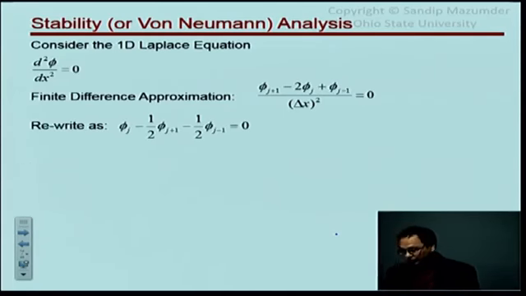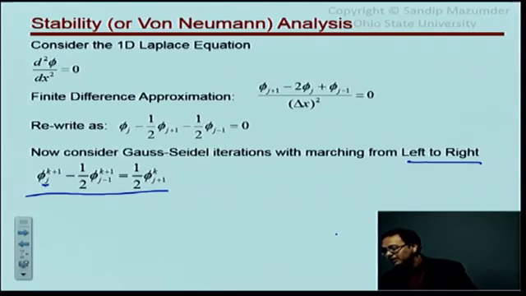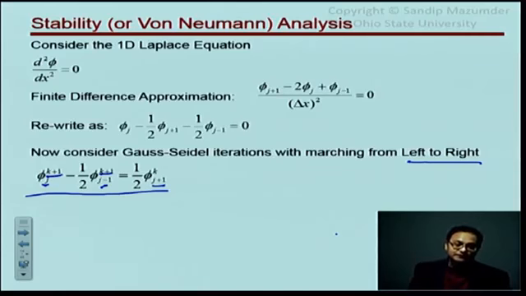If I write it in Gauss-Seidel iteration form from left to right sweep, then this is what the iteration equation looks like. So the j and the j minus 1 have index k plus 1, and the j plus 1 has an index k, because the one to the right is always treated explicitly. Everybody understand that? All right.